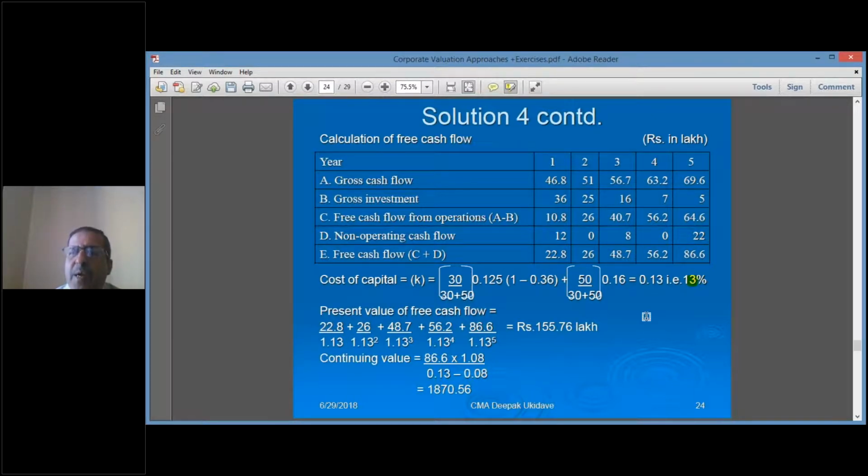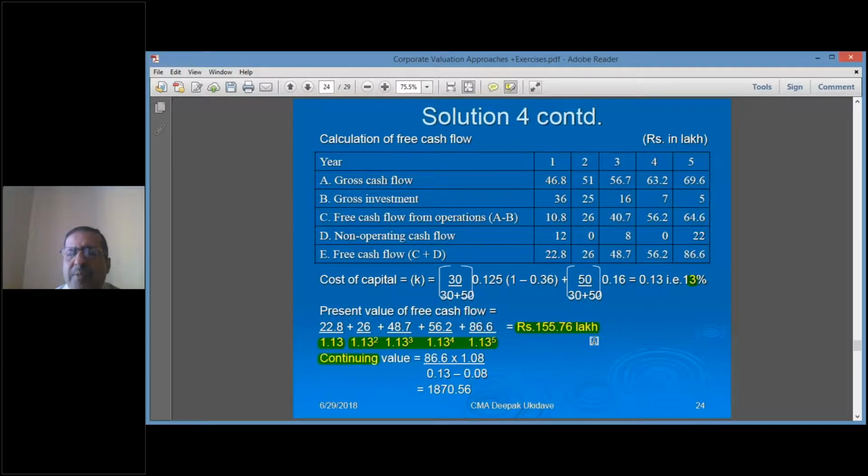So that is why divided by 1.13 to the power n. N is number of years. So for first year it is 22.8 divided by 1.13 to the power 1, plus 26 upon 1.13 square plus 48.7 upon 1.13 cube plus 56.2 upon 1.13 to the power 4 and so on. So you get the answer of present value of FCF as 155.76 lakhs.